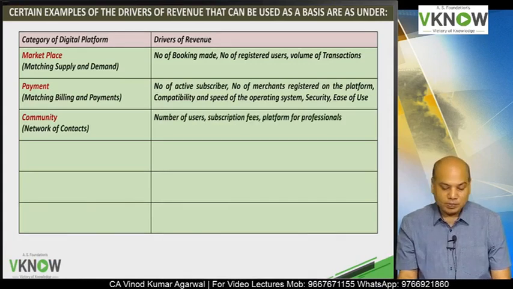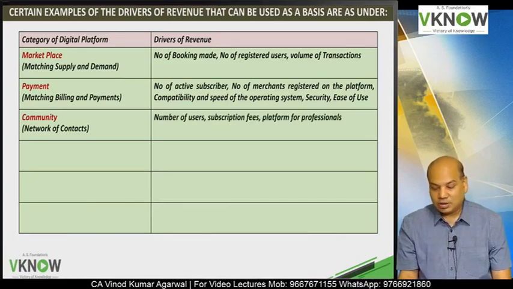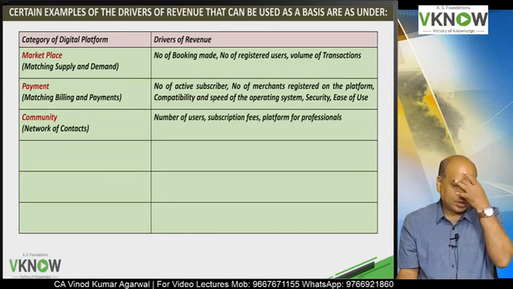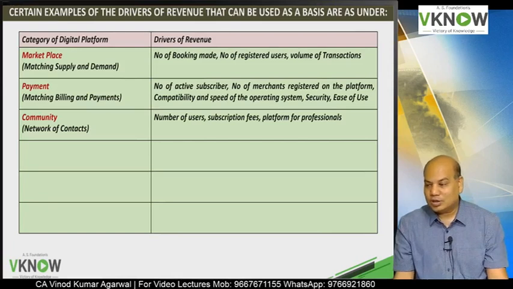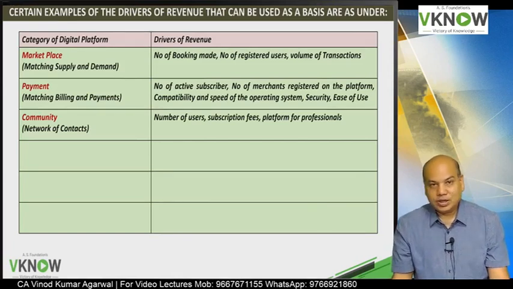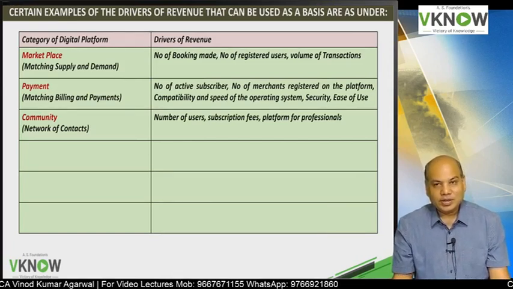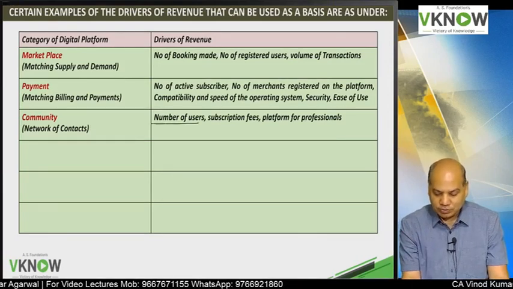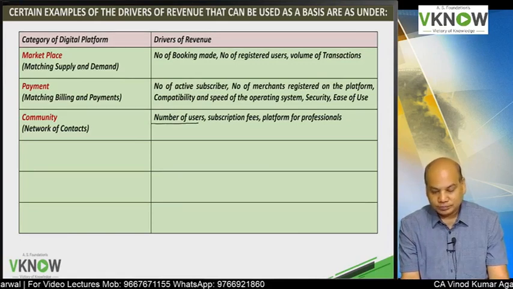Then the third type of platform is community or network like Facebook, WhatsApp, Instagram, Twitter, LinkedIn, and many others. They basically bring friends, family, relatives, professionals together. Their valuation also depends on the number of users.